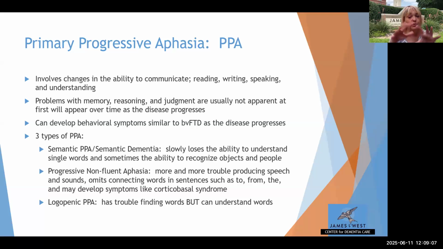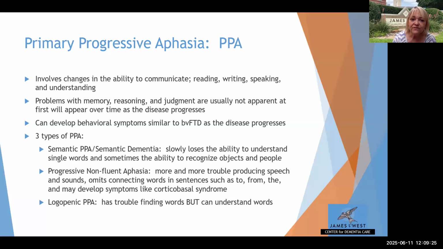Like I said, we can go way deep in the weeds with the FTDs. But the 3 that we tend to see: that semantic PPA that we talked about earlier slowly loses the ability to understand words and sometimes the ability to recognize objects.